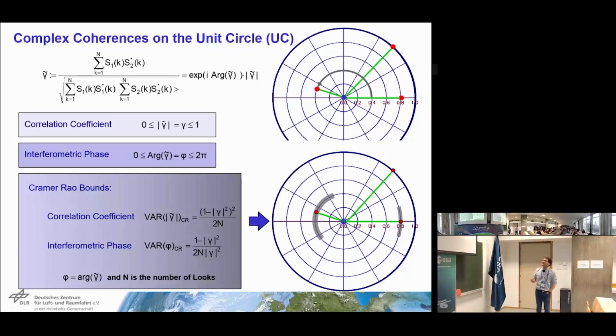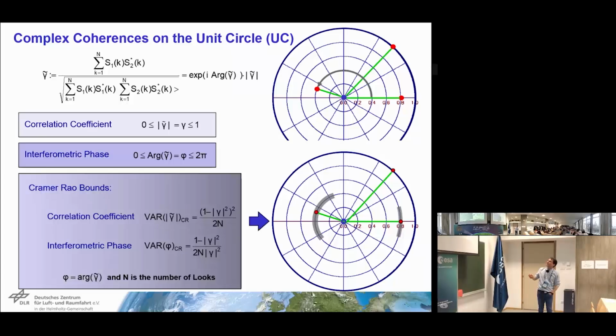What happens now if I take the second point, for instance this one? Of course, now I start to increase my variance in both the radial and the angular direction. So this means here I can measure this coherence, but when I measure it, I make this error in the absolute value and this error in the phase.